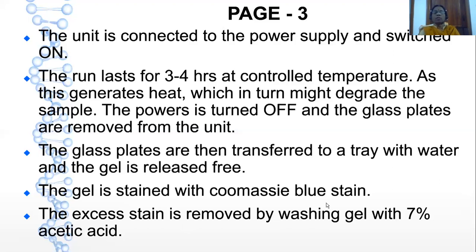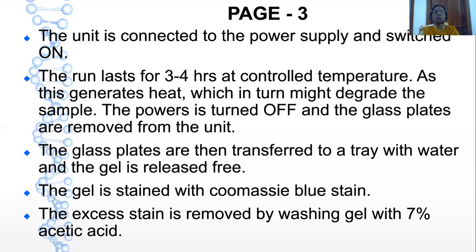After the stain is removed, we can't clearly visualize the bands, so we need to destain. The excess stain has to be removed. The destaining process is achieved by using 7% acetic acid.